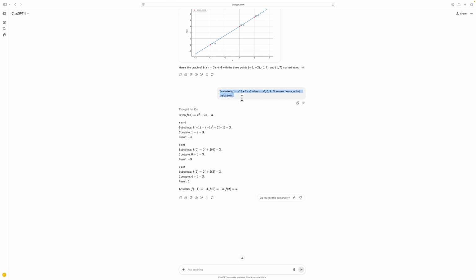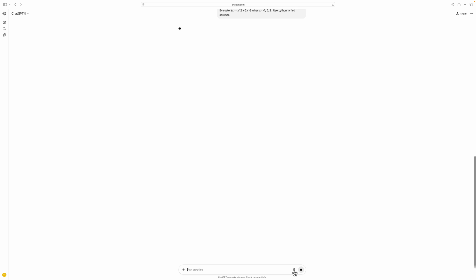So we're going to do this again, okay? And we can't do this on the local models, but what I want to do is something like evaluate x squared plus 2x minus 3 when x is equal to negative 1, 0, 2. Use Python to find answers.